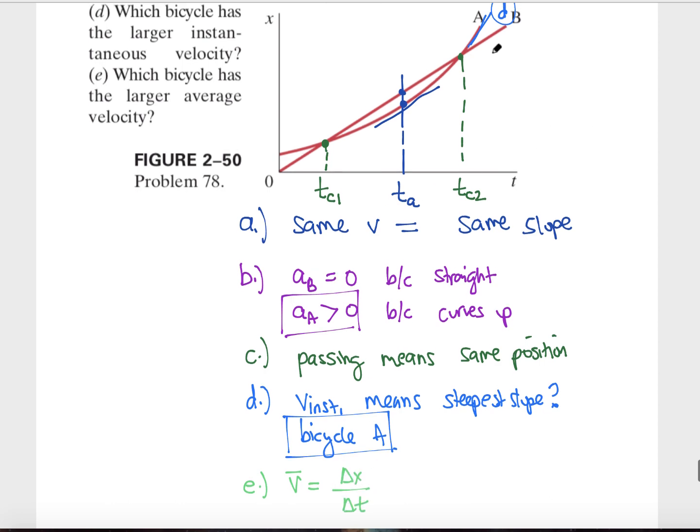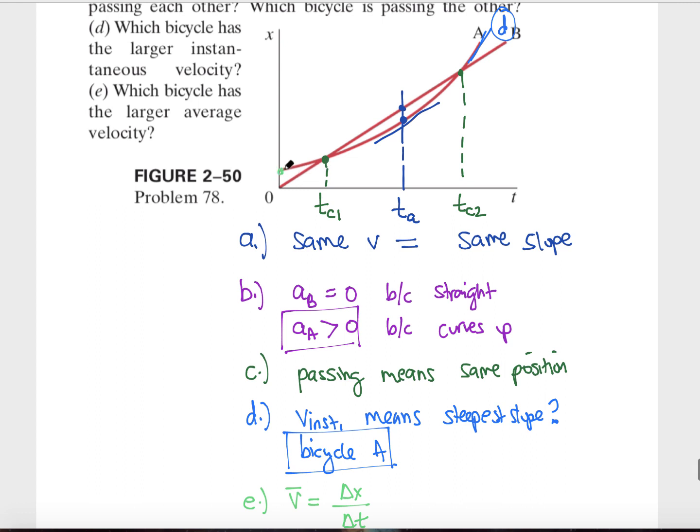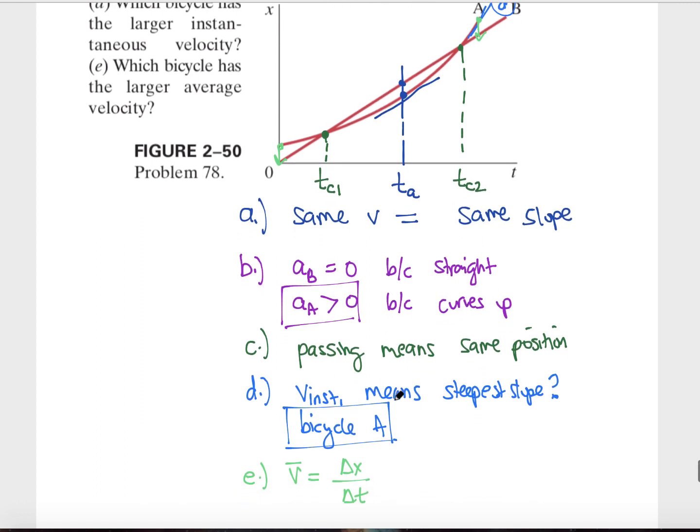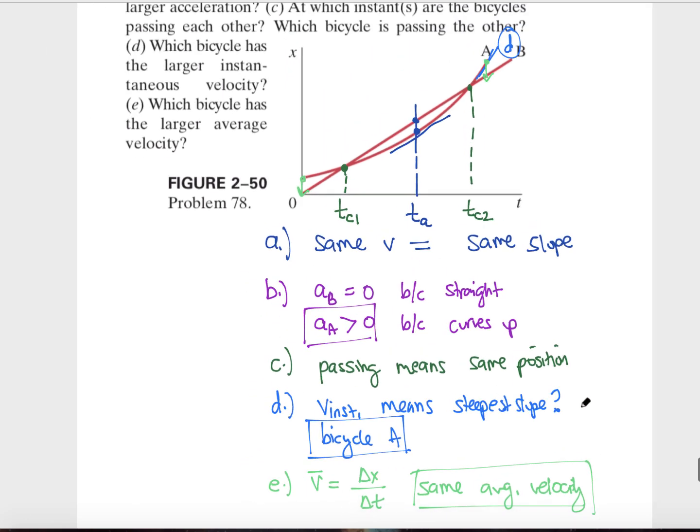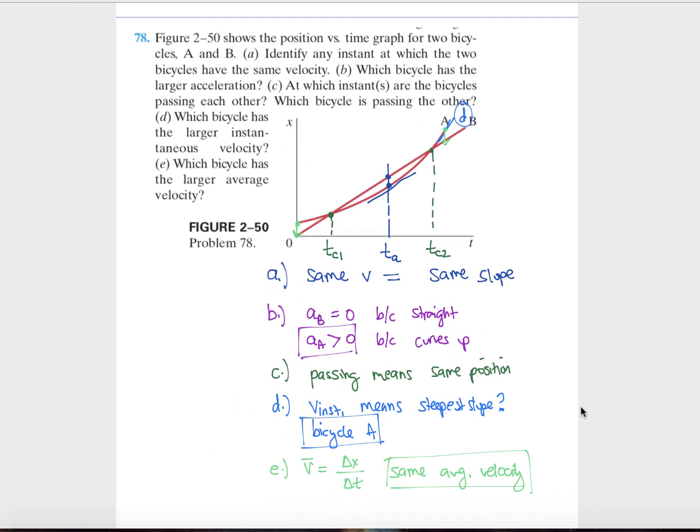Well, they both go the same time, and it looks like they end up about the same distance away from each other. So honestly, if you were to look at just this time interval, it appears that they have the same, at least for this time interval. So there you go. Just a bit of review using graphs and how these things come up in comparing motion.